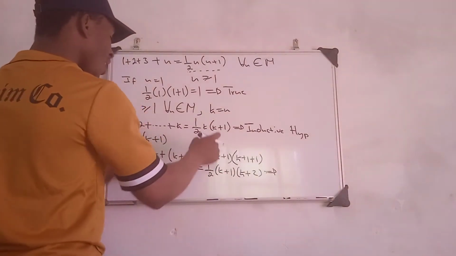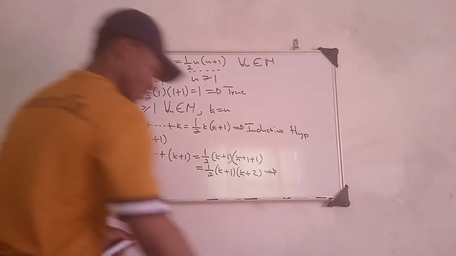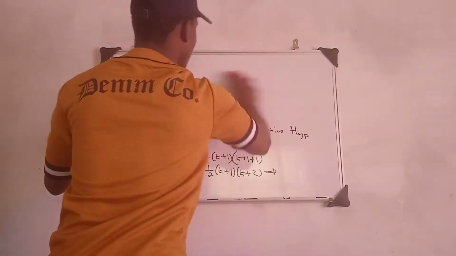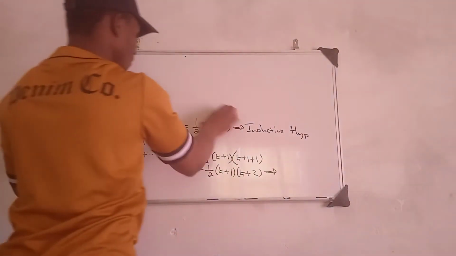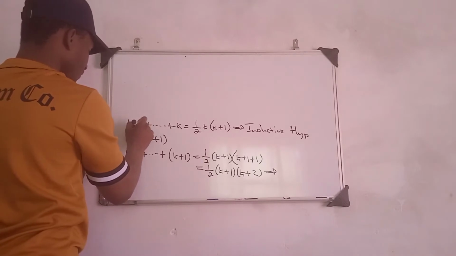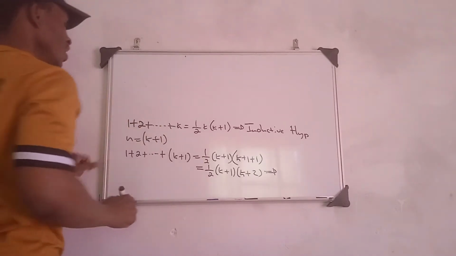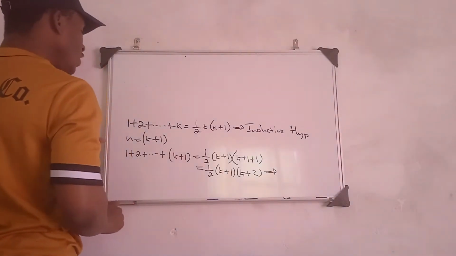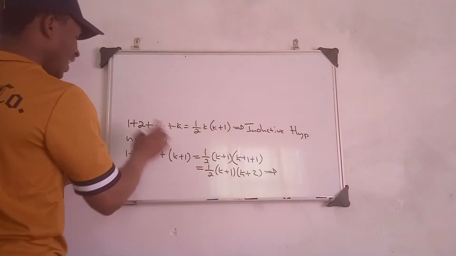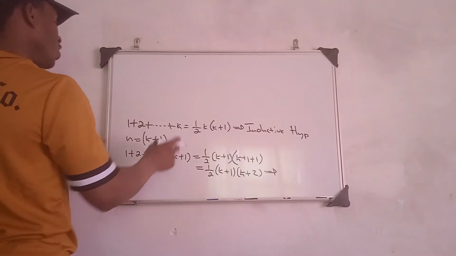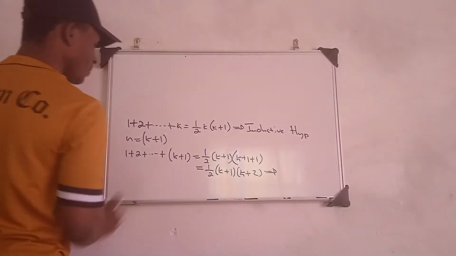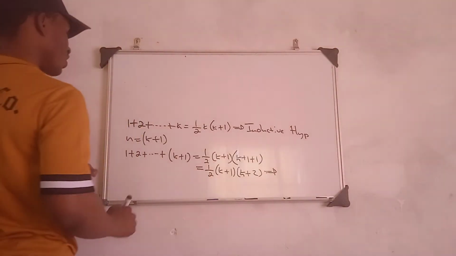And this is our inductive hypothesis. Sorry, let me not erase my hypothesis. So we are going to check this side, the left hand side, and equate it to this left hand side. And then add this term. Let me show you what I'm talking about, guys.